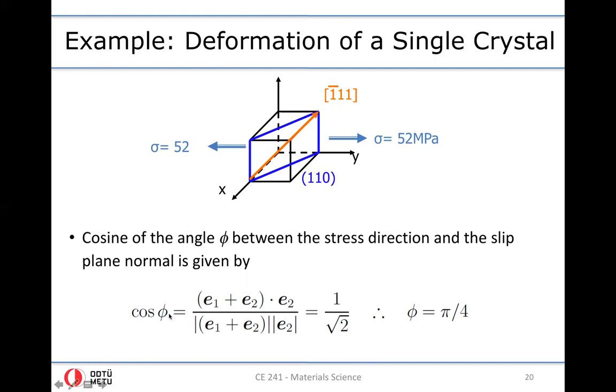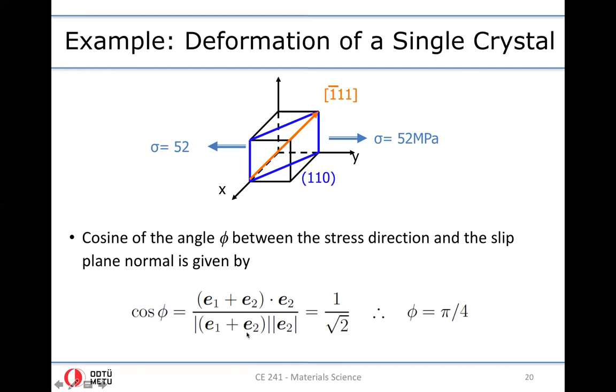Anyways, so the cosine of the angle between two vectors is obtained by the dot product, scalar product of these two vectors divided by the product of the magnitude of these vectors. So E1 plus E2 dot E2 gives us 1 because E1 dot E2 is equal to 0.